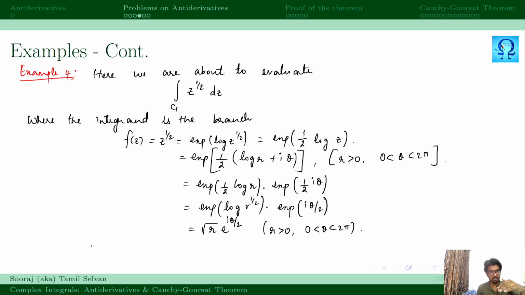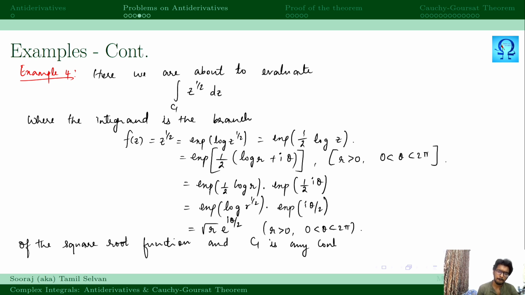This branch of the integrand is to be considered, where the integrand is the branch of the square root function, and c1 is any contour from z equals minus 3 to z equals 3.